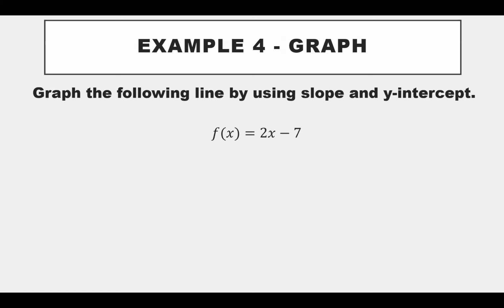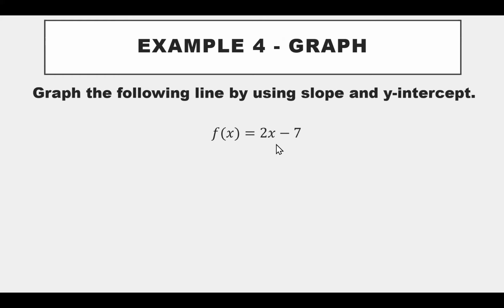Let's do an example. Let's take f of x is equal to 2 times x minus 7. This is in slope-intercept form, y equals mx plus b.